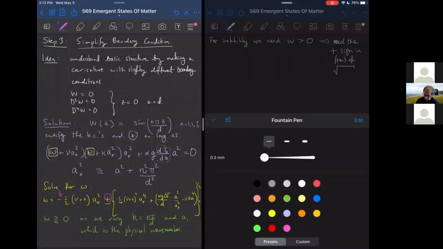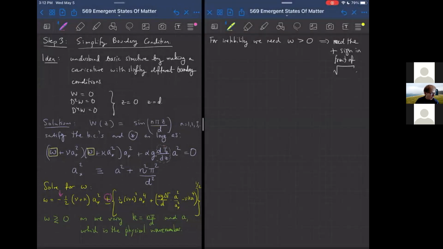So now we have to ask ourselves, what is the condition that omega is greater than 0?